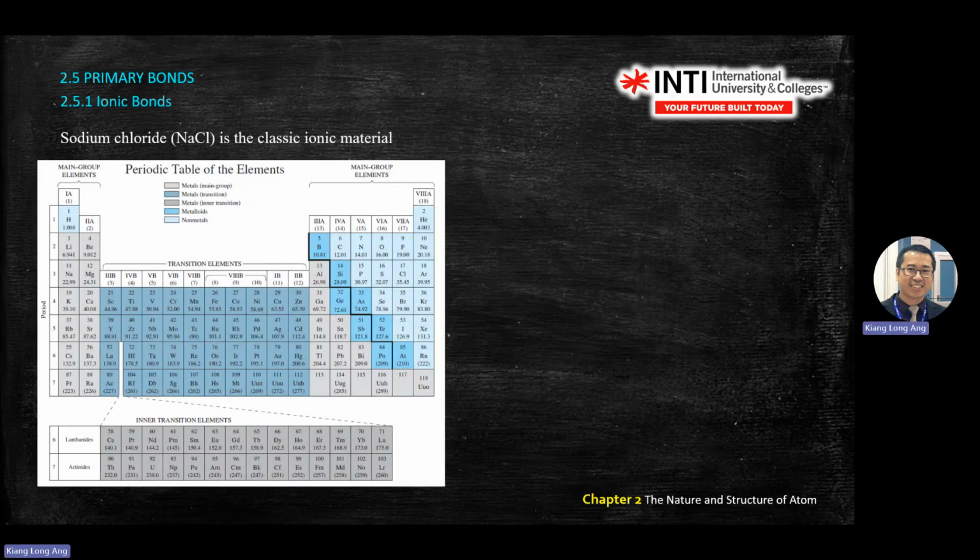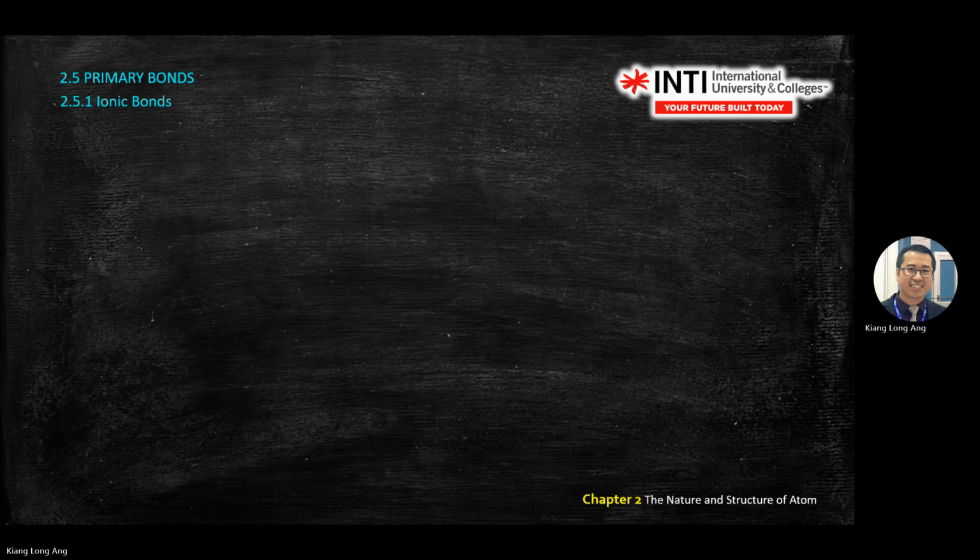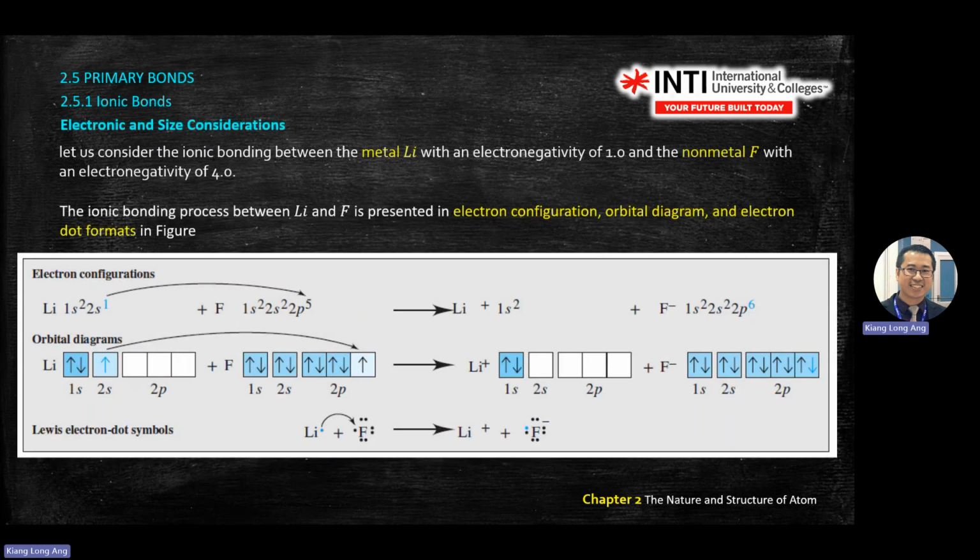Another example, NaCl, which is also popular. Sodium chloride, NaCl. If you look at this one, are you able to draw the electron configuration, orbital diagram, and the electron dot format for NaCl?